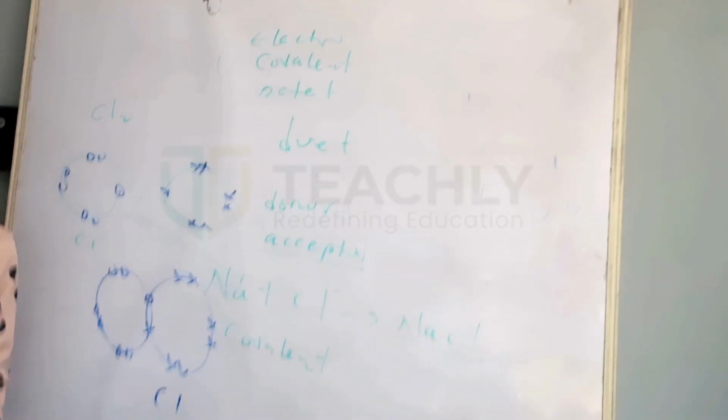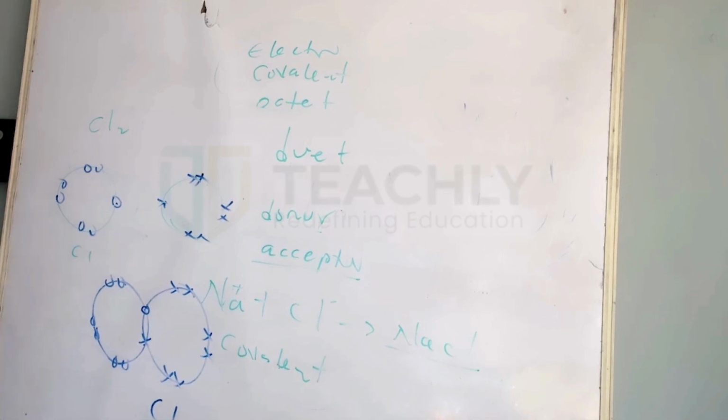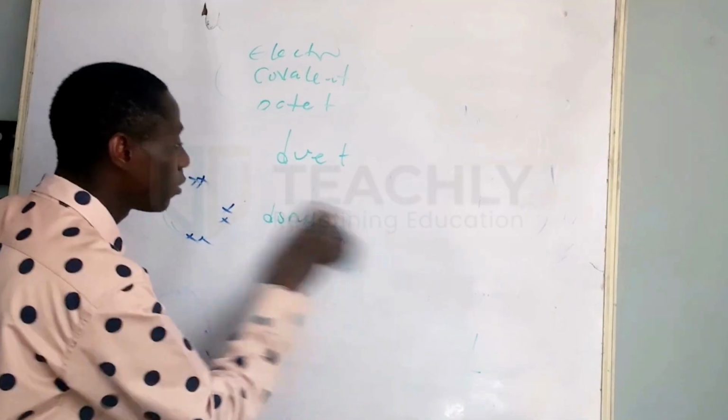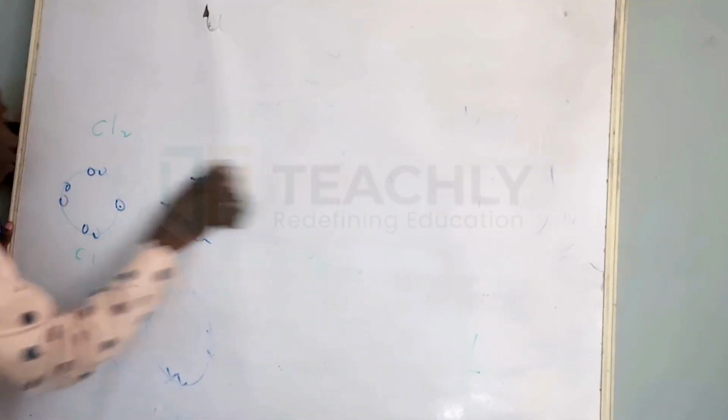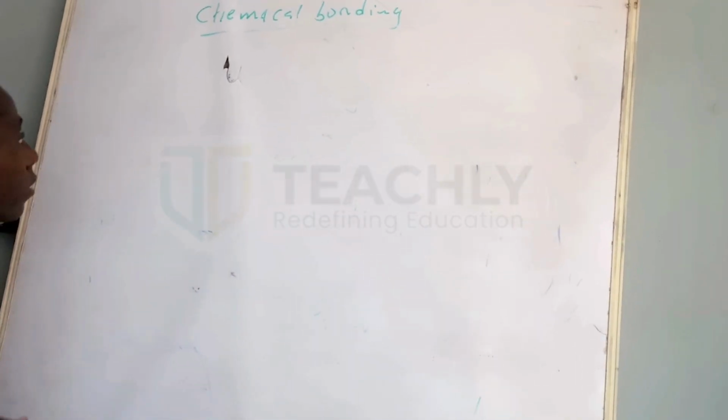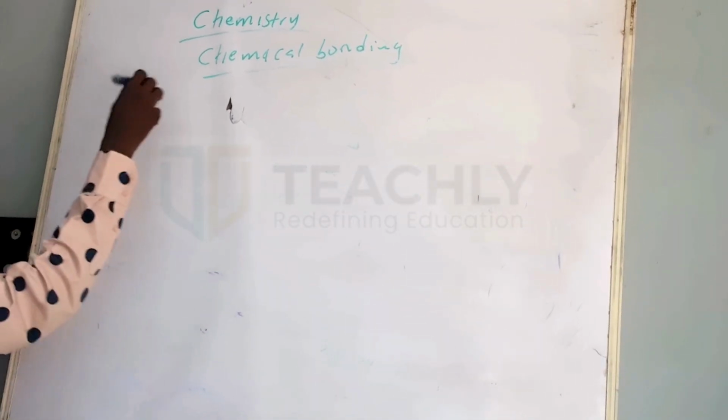So this morning, we now want to look at other types of chemical bonding. We want to look at dative coordinate bonding.